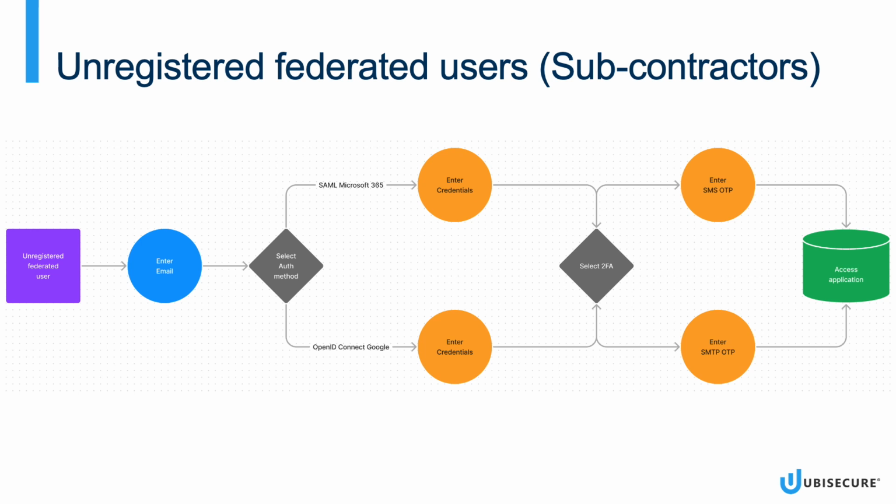In this case, in the Skanska system, there is no information currently about the users that are part of these subcontractors. So when they try to access the application and they enter their email, they're prompted with a different set of methods that they could choose from.